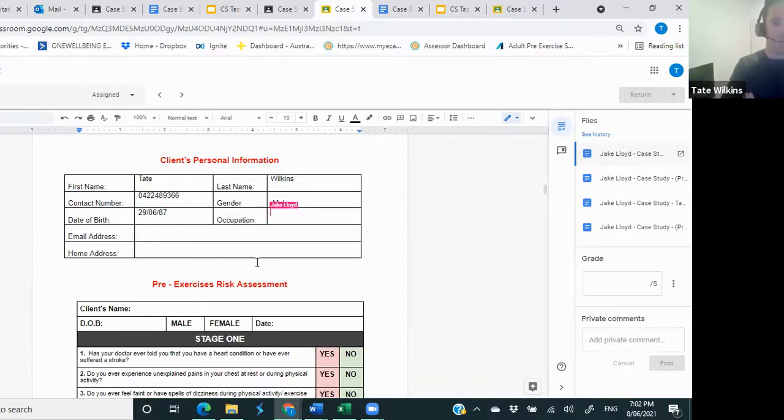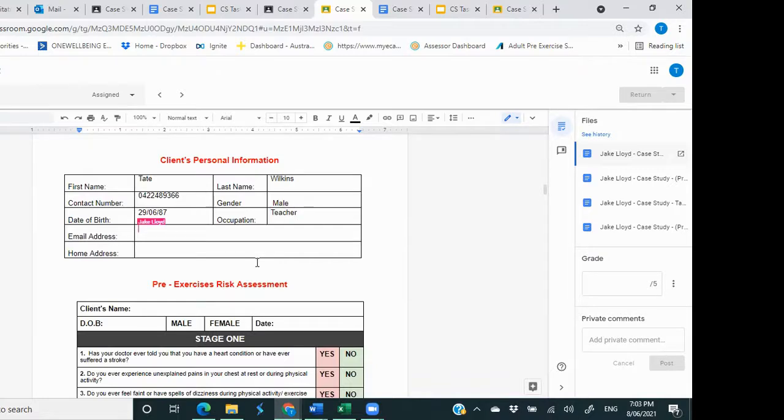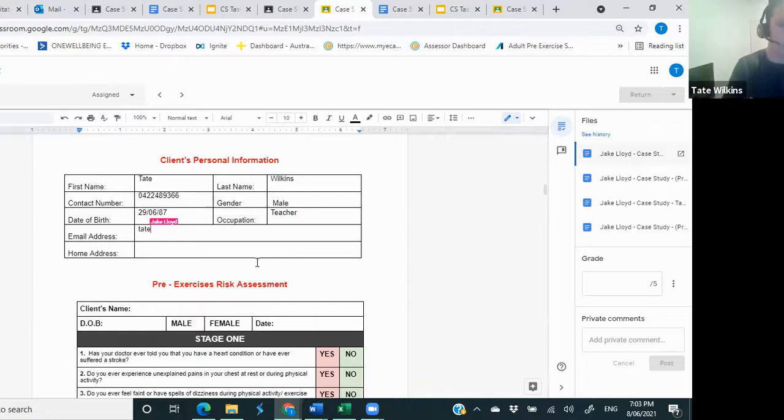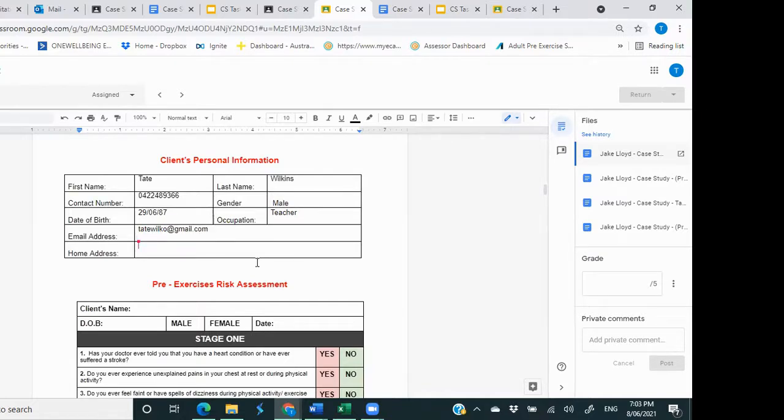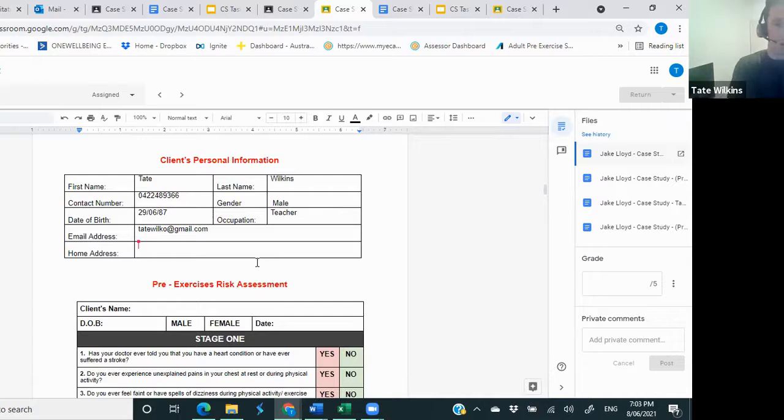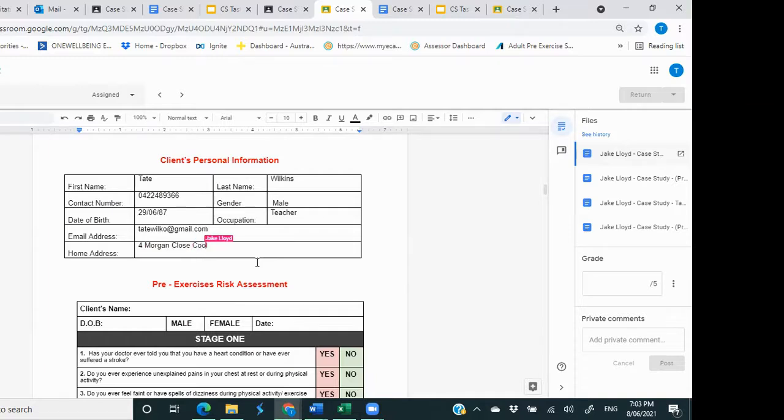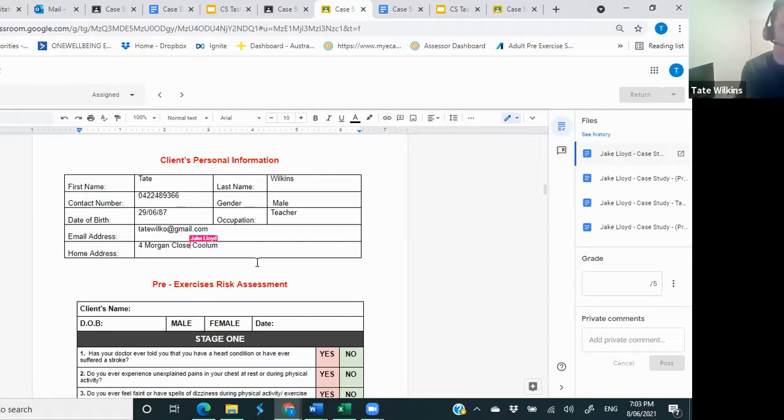Occupation teacher, technically, high school. Email, Tate Wilco, one word, at gmail.com. Address, 4 Morgan Close, Coolum. Is that right? Queensland. Yeah, Coolum, Queensland.